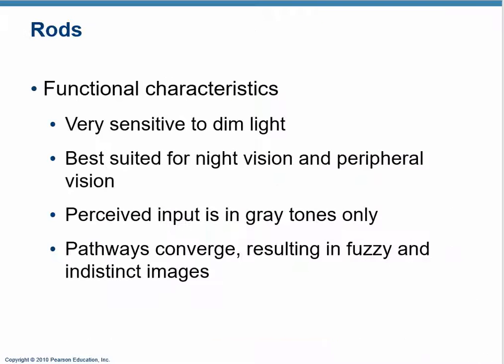So now the rods themselves are very sensitive to dim light. So they're the night vision, they're peripheral vision. But you only see black and white, so it's all gray tones. And there are more rods than there are pathways, so the pathways all end up converging, which then means that you lose visual acuity.